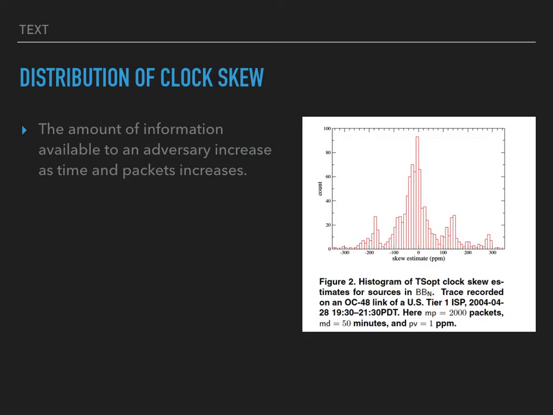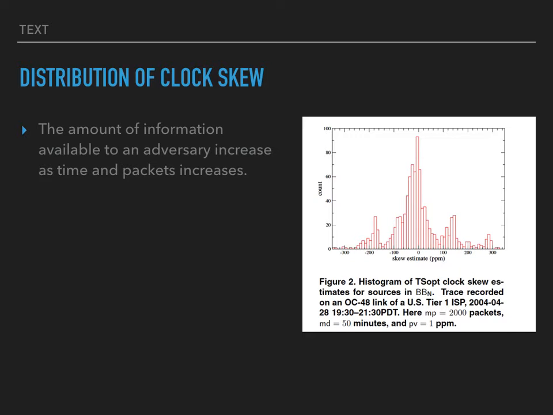The authors would like to show that on different devices we're going to see different clock skews, and in some experiments the authors also showed that the clock skew is constant over time, so it means the fingerprint does not change.